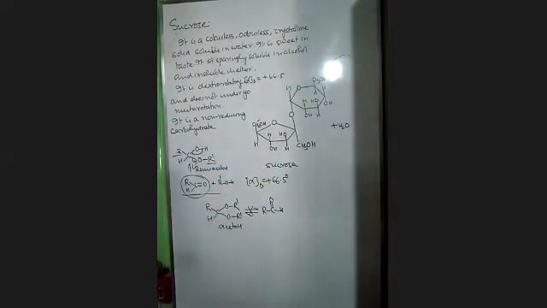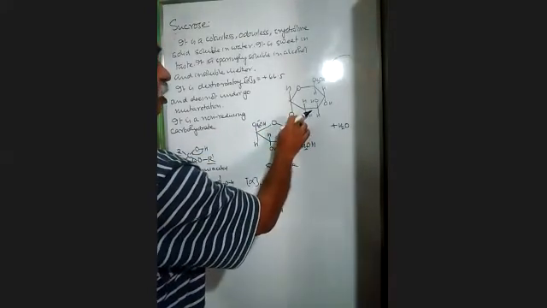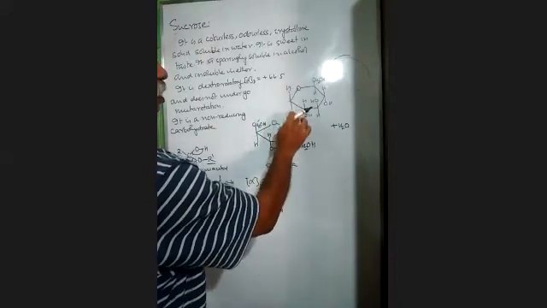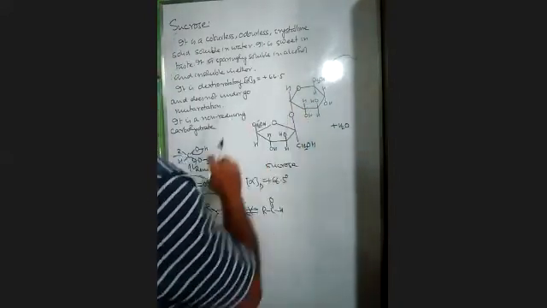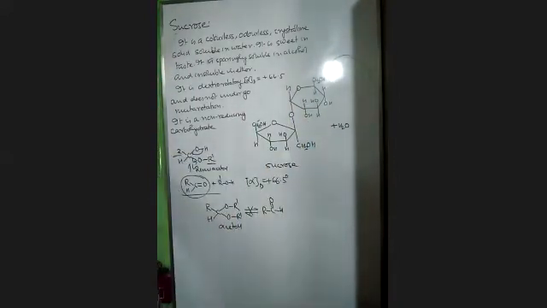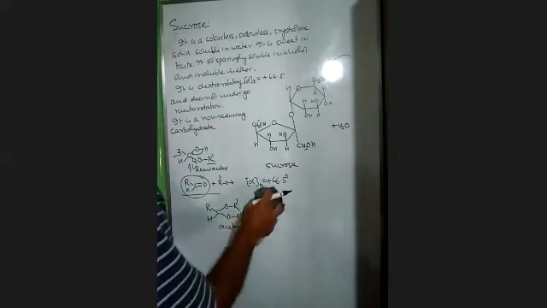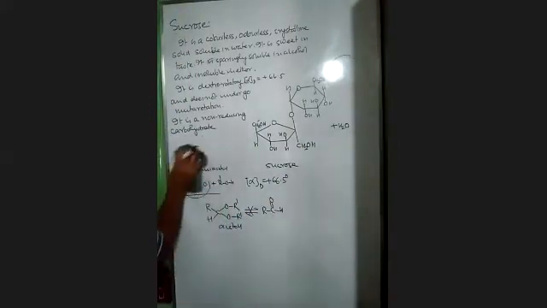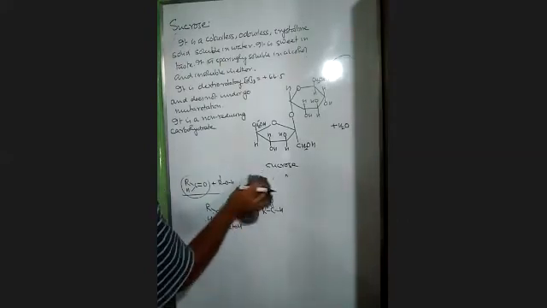See here, you have a carbon. This oxygen is bonded to another carbon. This oxygen is not bonded to hydrogen. So in that case, this molecule is non-reducing. So I'll write down why it is like this.